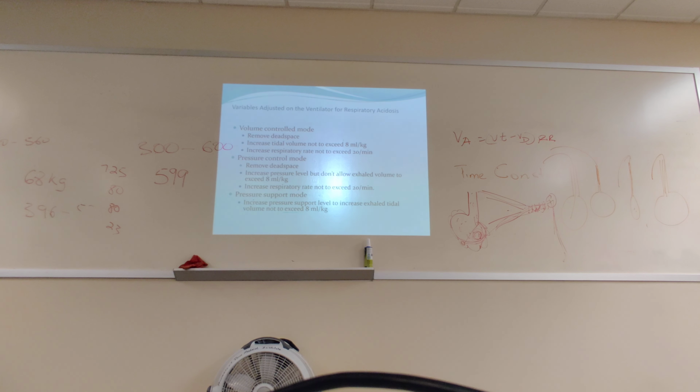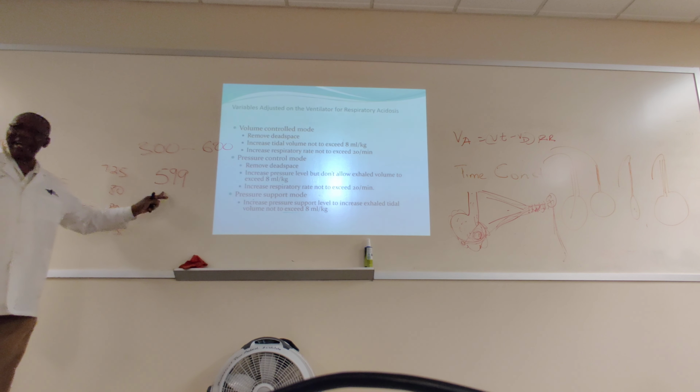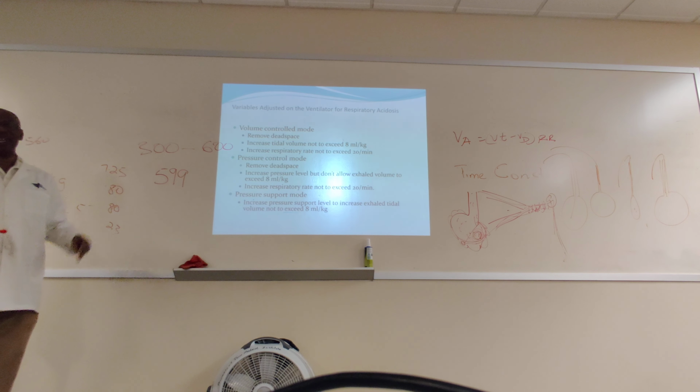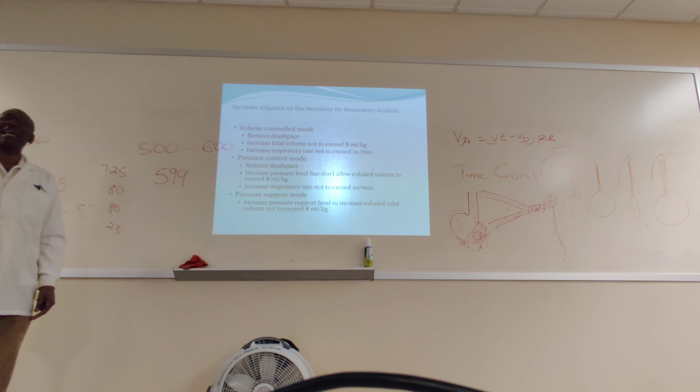They don't have any dead space, but they're giving you a choice to increase the tidal volume that is in the range. You might think, my God, they're only 1 away, so if I increase it, it's going to go over 600. You don't do that. You still have to increase it.